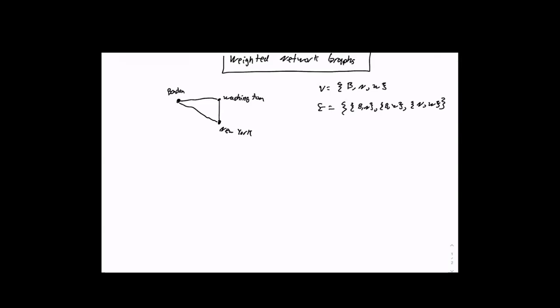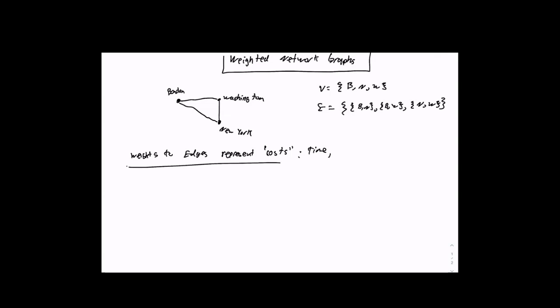But what we can also have is what we refer to as the weight. We can give each of these a weight or a cost, and these costs can represent various things. We can add weights. These represent cost, which could be time.